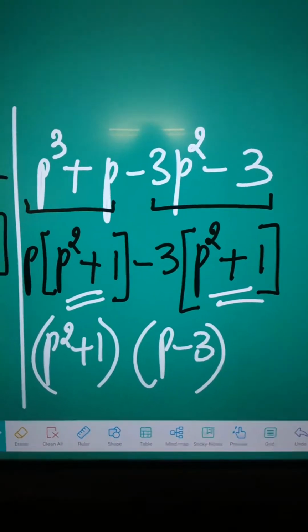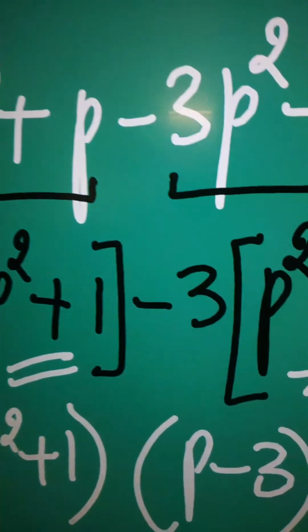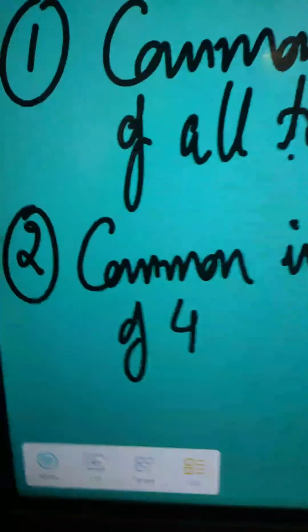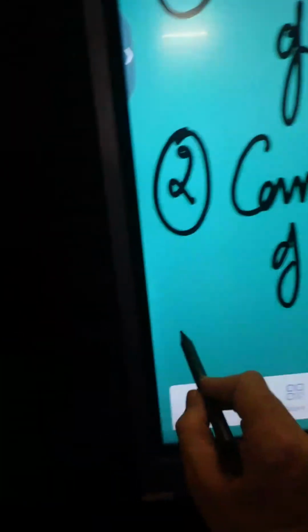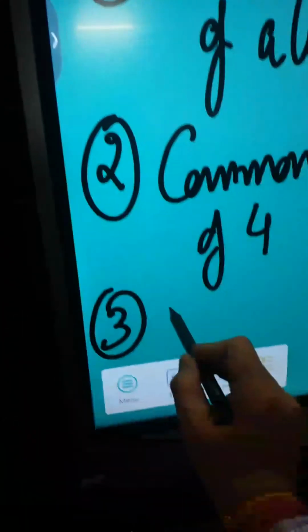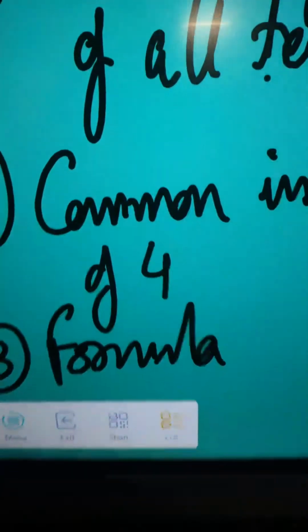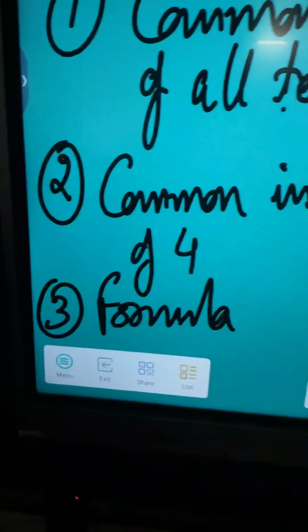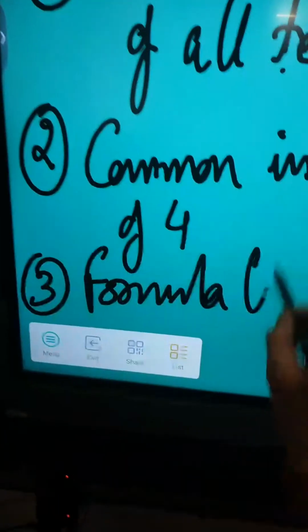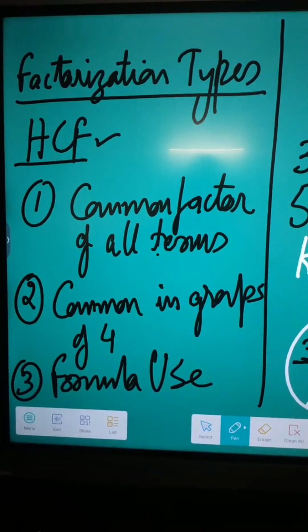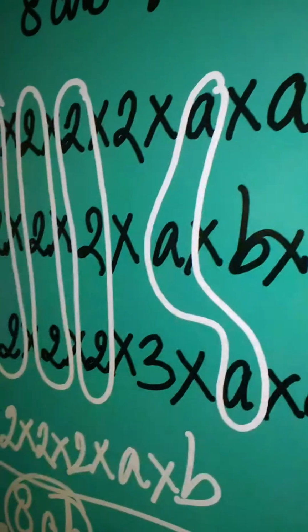The third method of factorization which we will do is using of formula. Now this is where we will factorize by using the formula which we have done earlier in multiplication. So third method, let's understand.